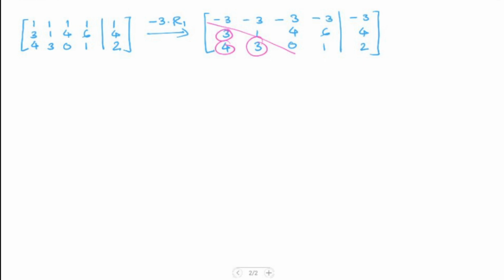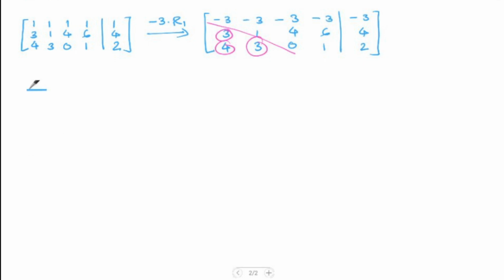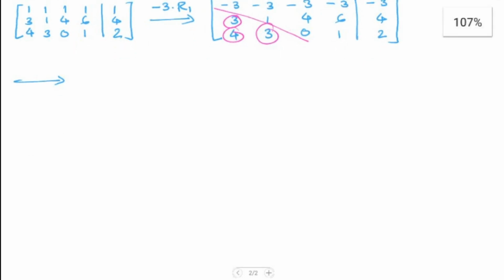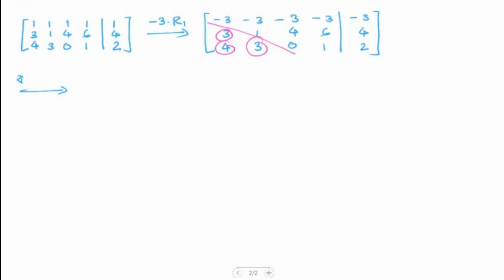What we're going to do next is we'll take row 1 plus row 2. So we'll add row 1 and row 2 and put the values to row 2, so that instead of this 3 here, we get 0.